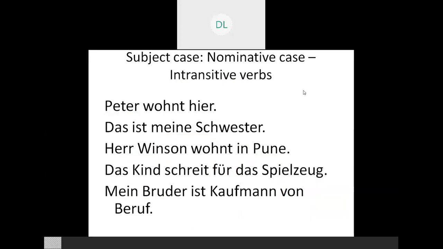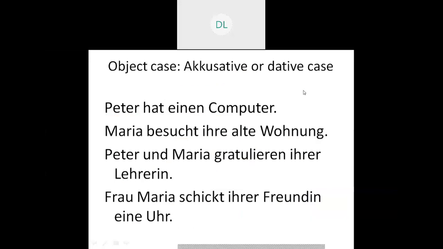So with the same thing, let's move ahead. Here I am coming to the object. For the object I have accusative and dative. I repeat, in the last slides we did that for the subject I use nominative. What was nominative? That is der, die, das, die.